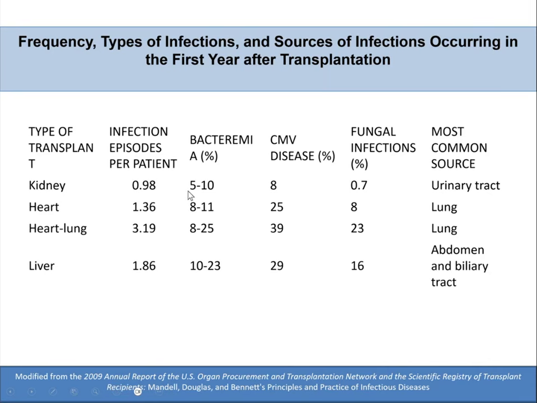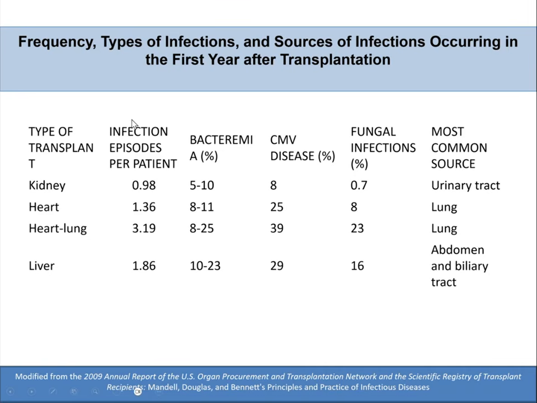Of all patients who got an infection, about 10% got it with a bacteremia. About 8% of the infection episodes were related to CMV disease, then fungal infections, and the common source, UTI. So that gives you an idea. Bacterial infections and bacteremias are common in transplant patients. CMV has its own column, and then fungal infections, and then you have the common sites.